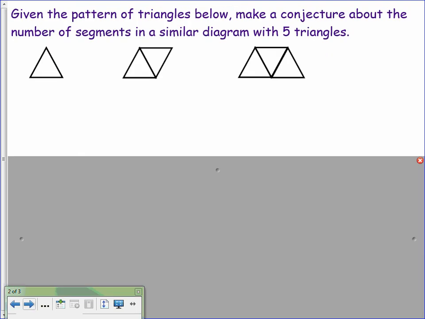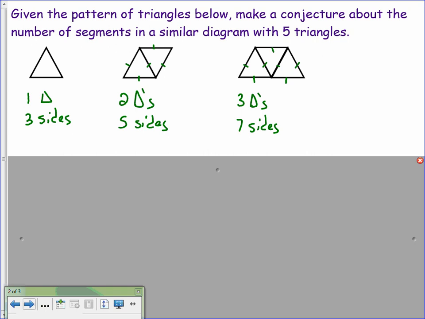So we have an example here of using inductive reasoning. It says, given the pattern of triangles below, make a conjecture about the number of segments in a similar diagram with 5 triangles. So if we look at the first one, we have one triangle, 3 sides. Here we have 2 triangles, and 1, 2, 3, 4, 5 sides. Here we have 3 triangles, 1, 2, 3, 4, 5, 6, 7 sides.